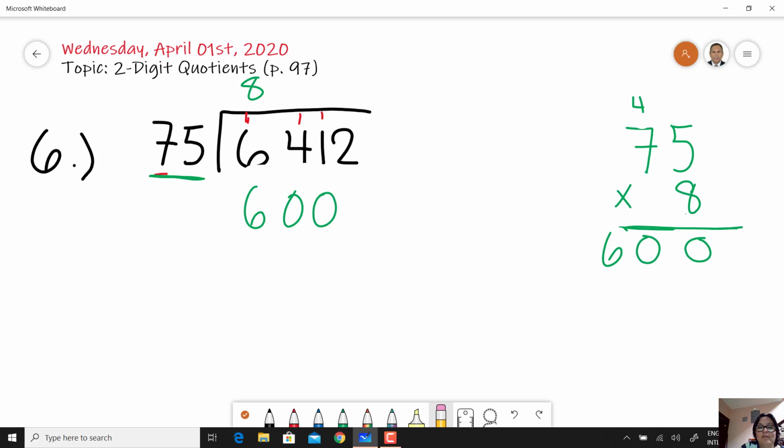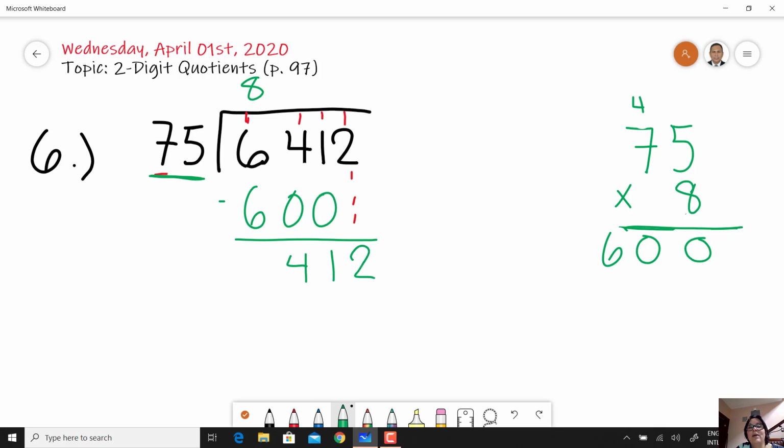And what we have to do right now is to subtract. 1 minus 0, 1. 4 minus 0, 4. And 6 minus 6, 0. Can you continue dividing? Yes, because you haven't used number 2. So you have to bring down number 2 here.